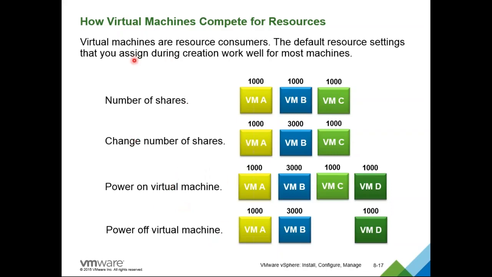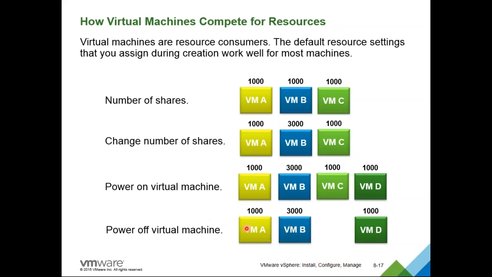So the overall resource you can share, you can change, and while powering on, how your virtual machines can consume your actual shares. During power off of virtual machines, your shares can't be accessed.